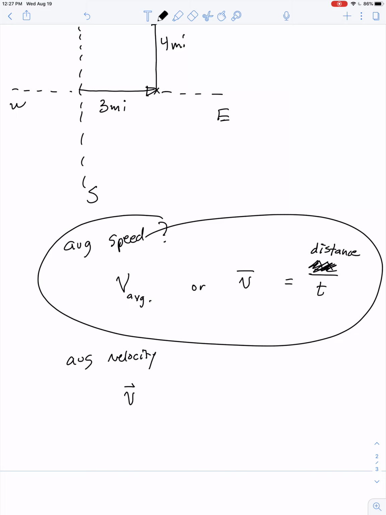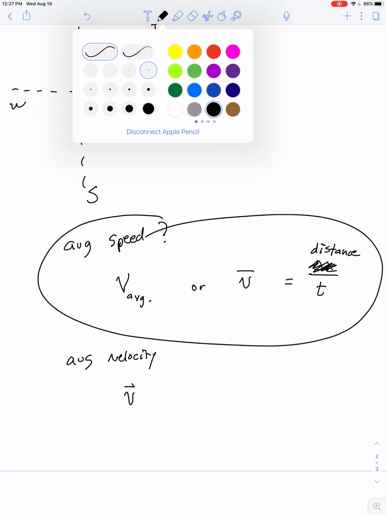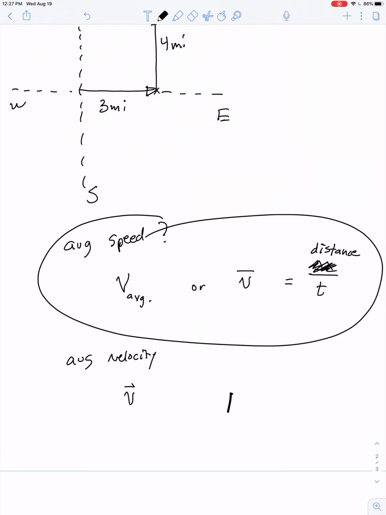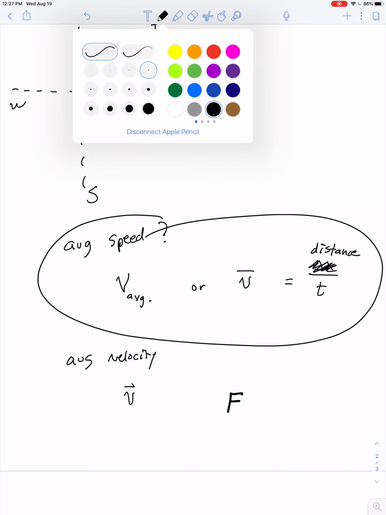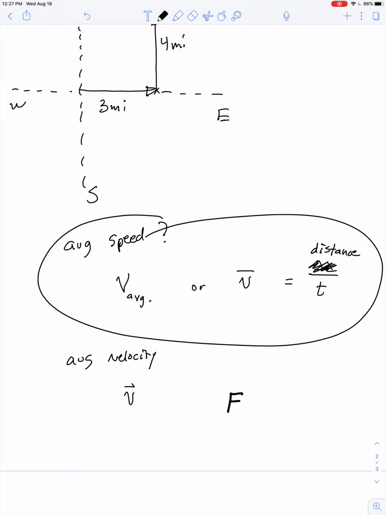In your textbook, you might see that when quantities are written in bold, if you see something like a capital F versus an unbold capital F, this is a way of saying force as a vector, and this is a way of saying just the amount only of the force.